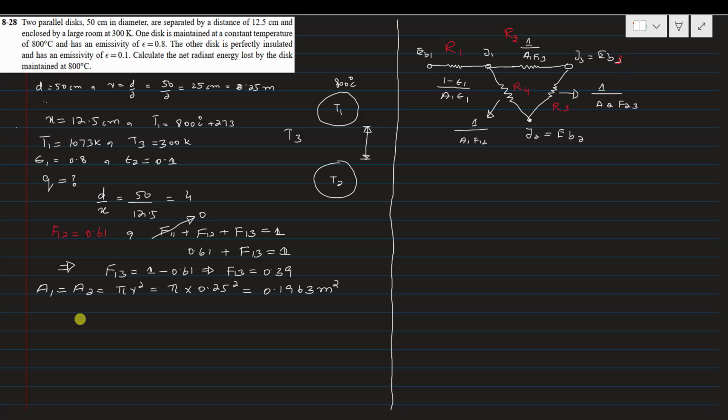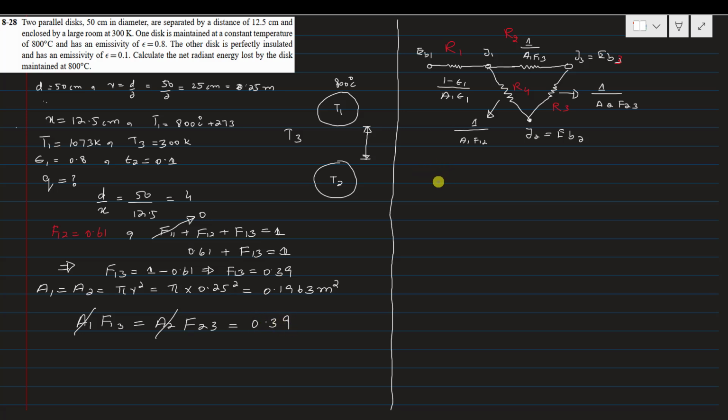Here I can say that A1 F13 is equal to A2 F23. So area A1 is the same as area A2, it will be cancelled out, so we can say F13 is equal to F23, and that is equal to 0.39.